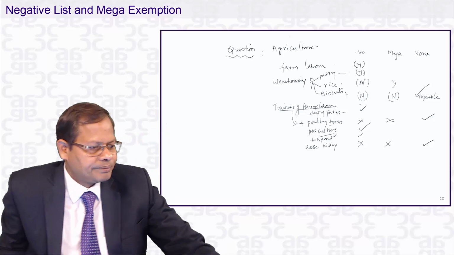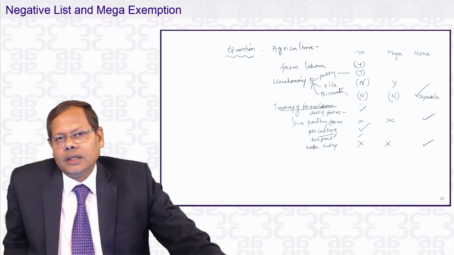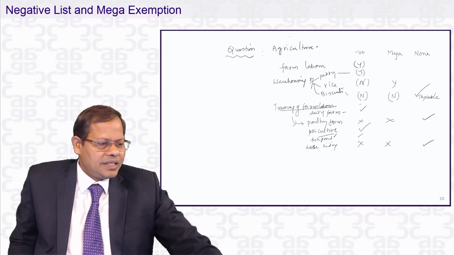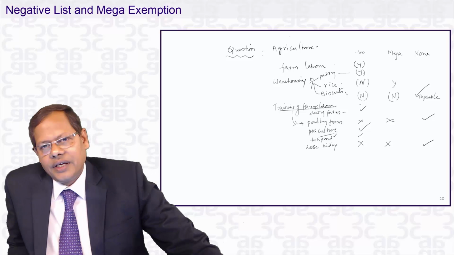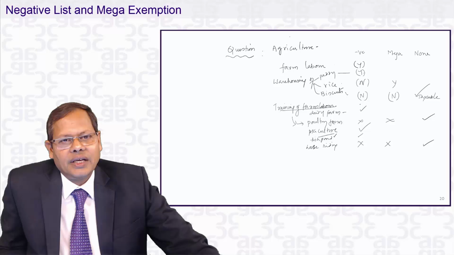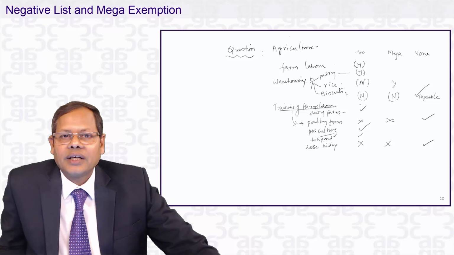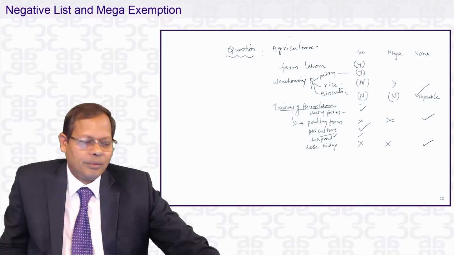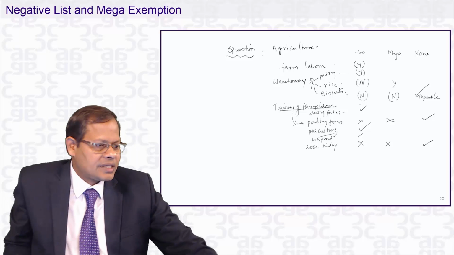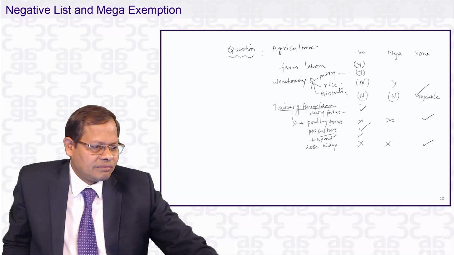And similarly, leasing a vacant land to a dairy farm, yes. Leasing a vacant land for conducting a political meeting, no. For conducting a trade union meeting, no. So like that.